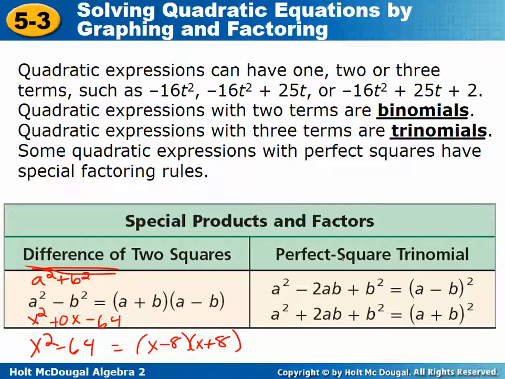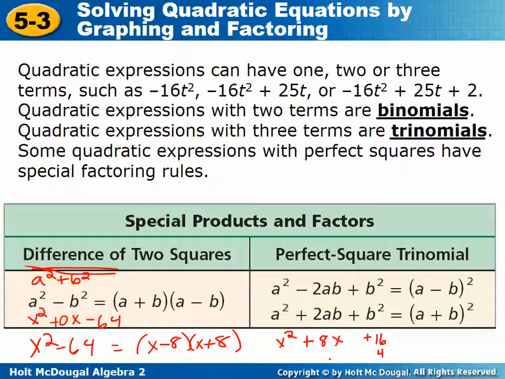We also discussed perfect square trinomials in Algebra 1. That is where you have something like x squared plus 8x plus 16, where the square root of 16 would be 4.